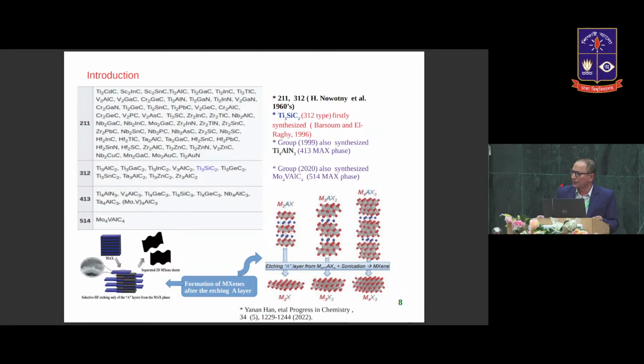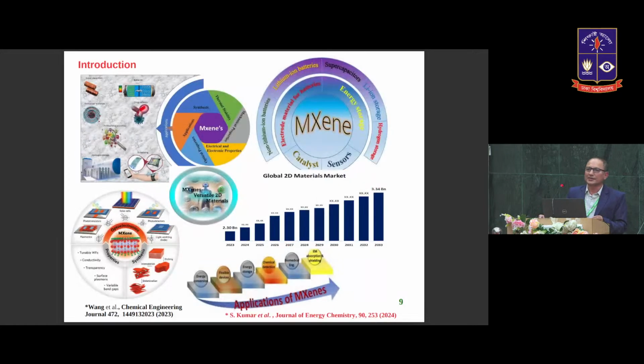I'm focusing on this M2X type of phase because it has various kinds of applications, from spintronics devices to future generation technologies, water splitting and various other purposes, even in agriculture. So it is very important because it is the world of 2D materials.